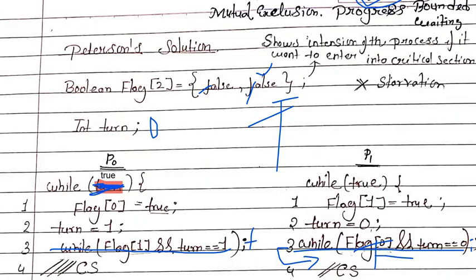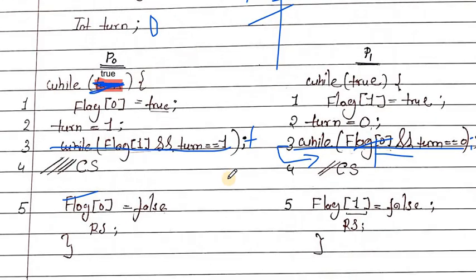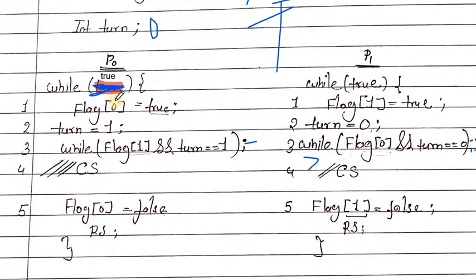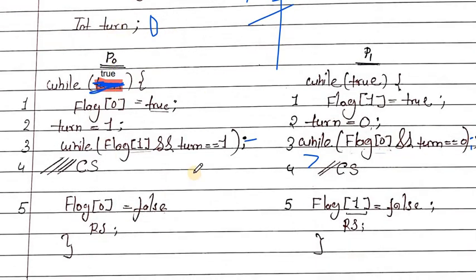Now the third condition is bounded waiting. To check the condition of bounded waiting, again we try to execute P0, as we know that first P0 executes the critical section. After executing, P0 comes out of the critical section and again tries to enter.